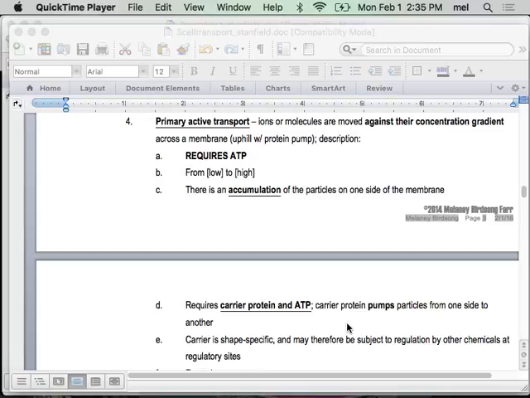So the leak channels create a problem, and how do we solve the problem? The sodium-potassium pump. And the sodium-potassium pump pumps what out? Sodium. And what in? Potassium. And uses what to run the pump?